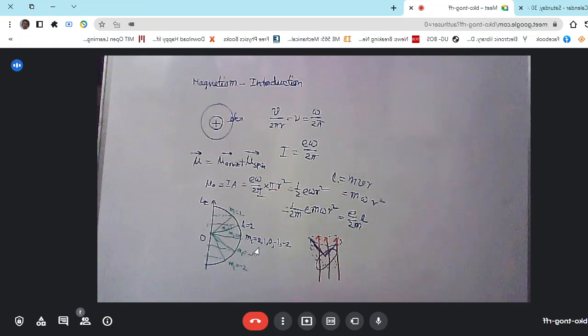We are trying to find out what is that magnetic moment.